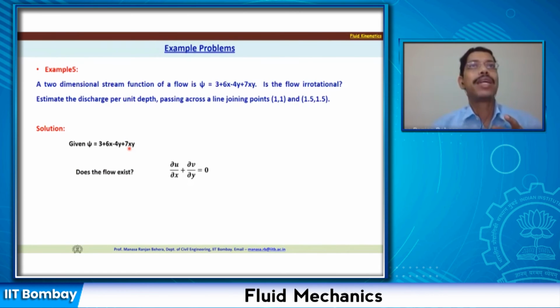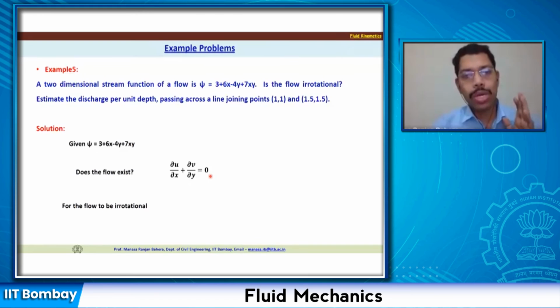And when you take minus 4 plus 7x and then take ∂u/∂x, you will get a value of only 7. So if you find the u and v and substitute here, that will become equal to 0, and that says that this satisfies the continuity equation. Once this satisfies the continuity equation, next you have to answer the first question, that is whether the flow is rotational or irrotational.